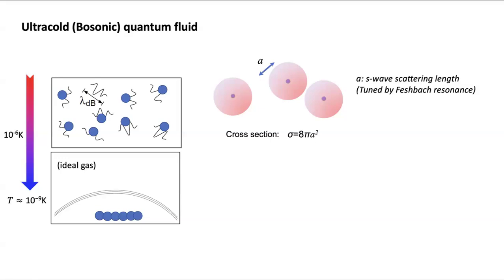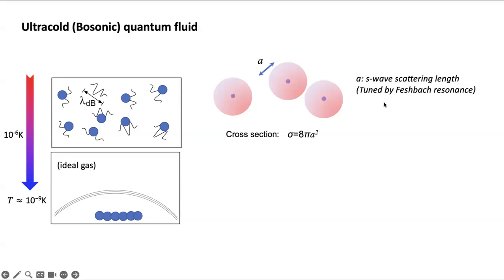So basically, the scattering length is a length scale that pretty much tells you the cross section, so how strongly these atoms collide with each other. This scattering length can be positive. It also can be negative.